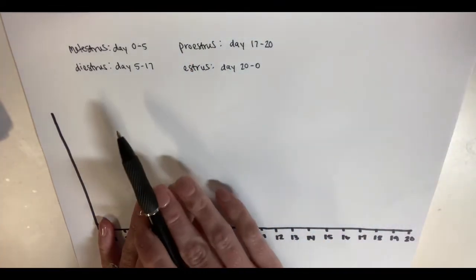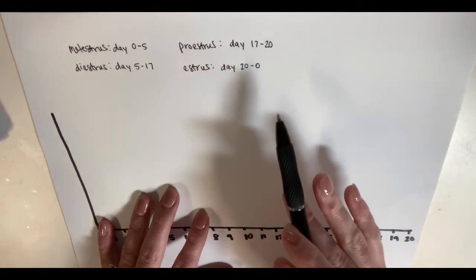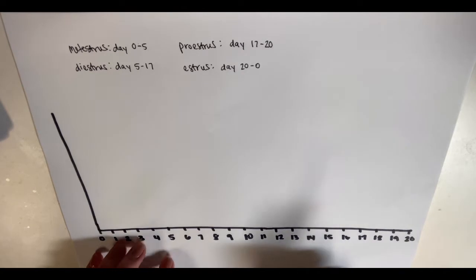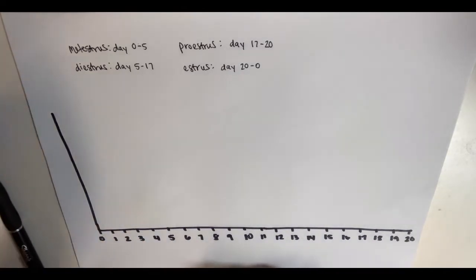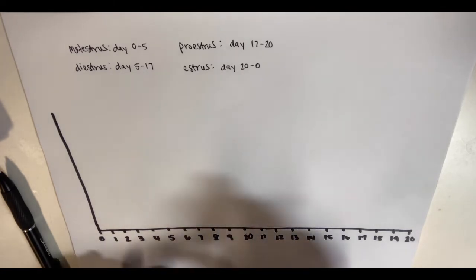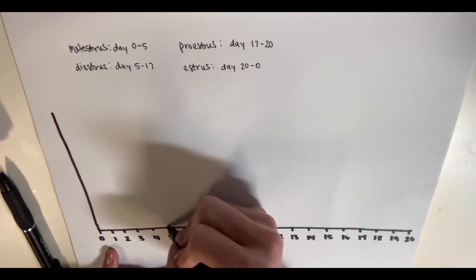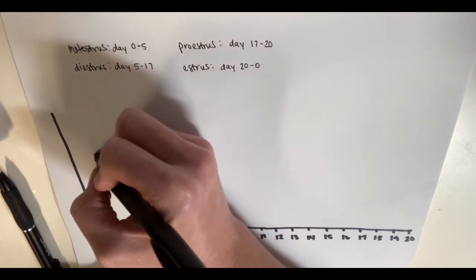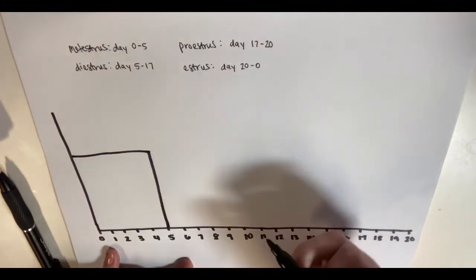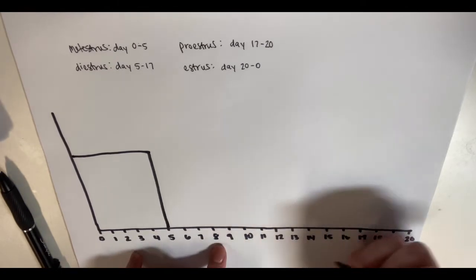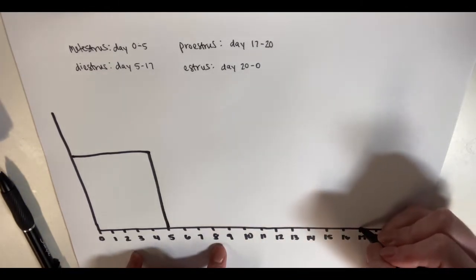Okay, so now that we know those 4 phases and what days they span between, let's go down here and look at it in a sense of a graph. So again, we said that met-estrous is going to span from day 0 to 5. So we'll draw our block right here for met-estrous. Then we'll move into di-estrous from day 5 to 17.